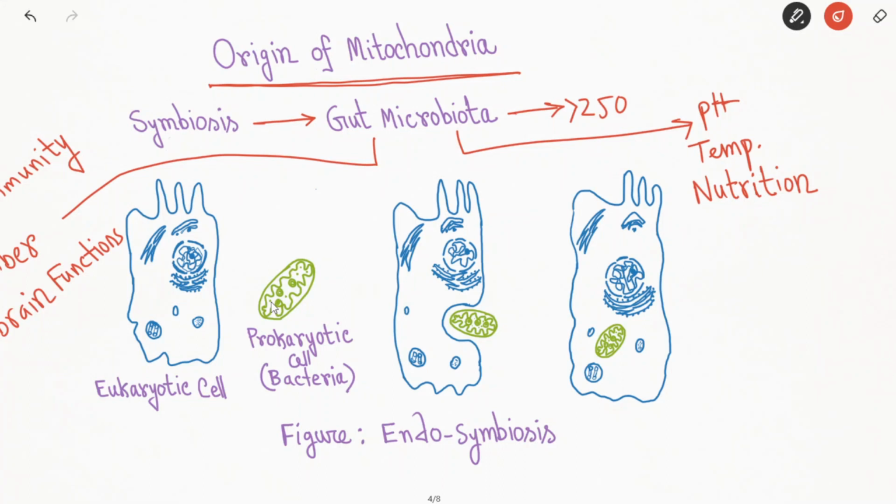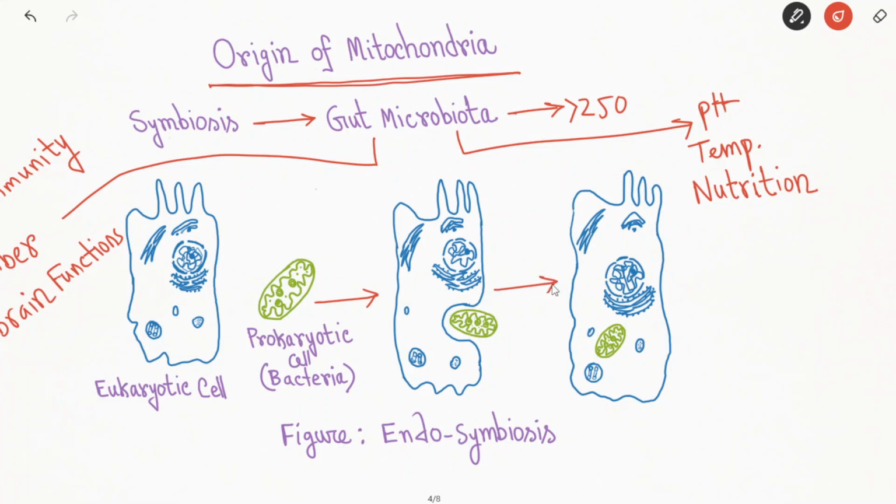So what happens once the ancient form of the eukaryotic cell engulfed a prokaryotic cell? As you can see in figure number 2, one eukaryotic cell is engulfing, or swallowing, one prokaryotic cell.